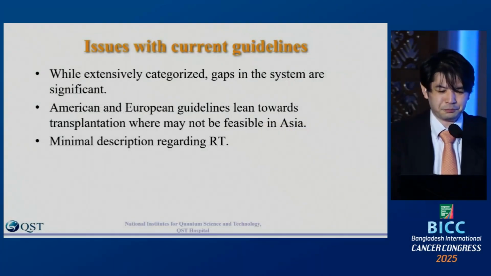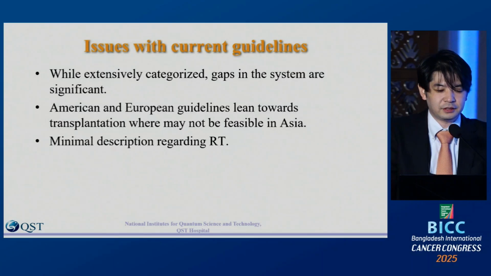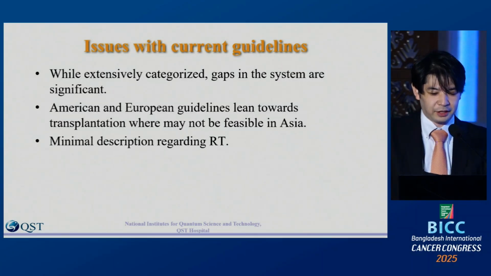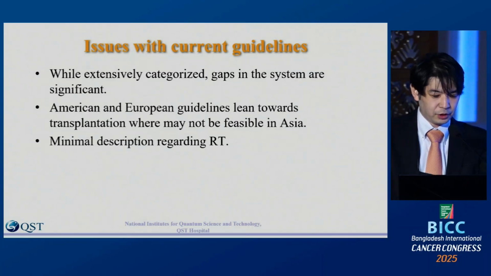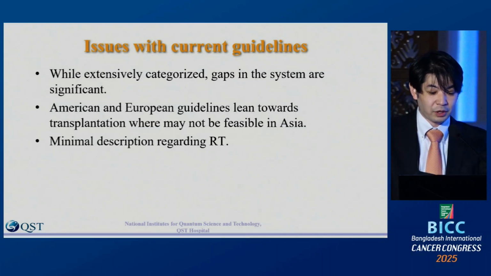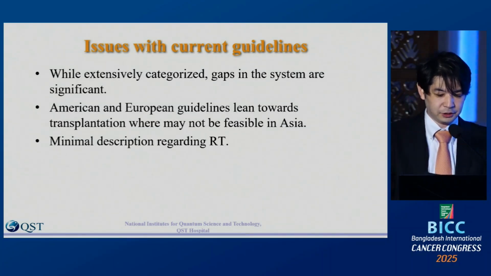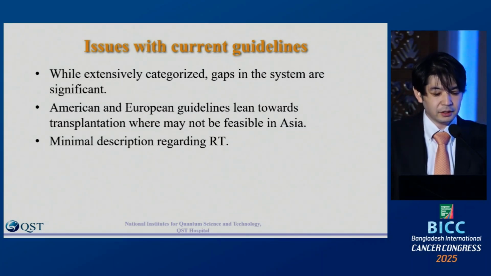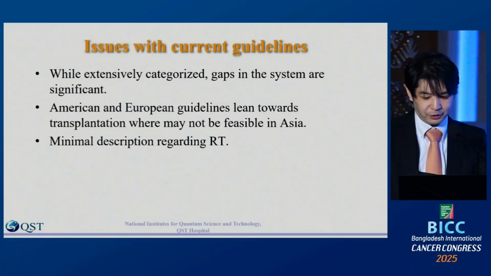So the issue with the current guidelines is that they are extensively categorized, yet the gaps in the system are significant. American and European guidelines lean towards transplantation, which may not be feasible in Asia, and there is minimal description regarding radiotherapy.